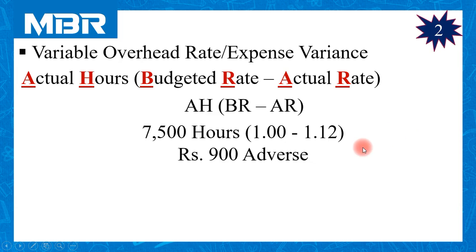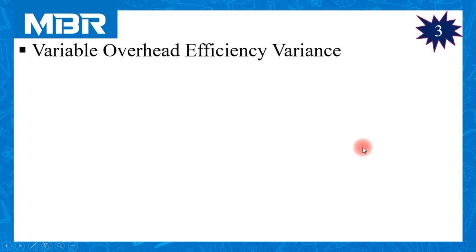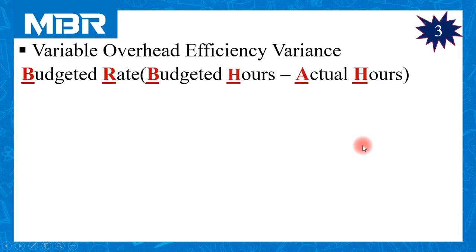After calculation of rate or expense variance, let us move to the third and last variance. It is variable overhead efficiency variance. Formula: budgeted rate into bracket budgeted hours minus actual hours. If you think of sales volume variance or labor efficiency variance, the formula remains the same.